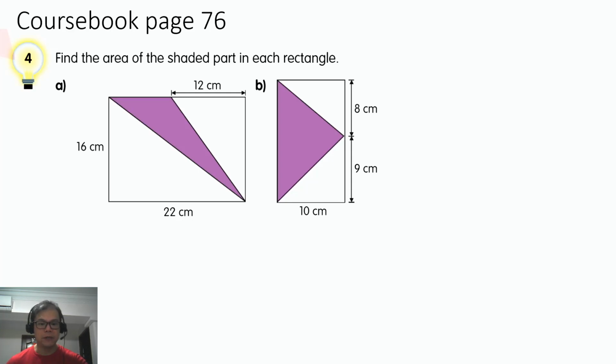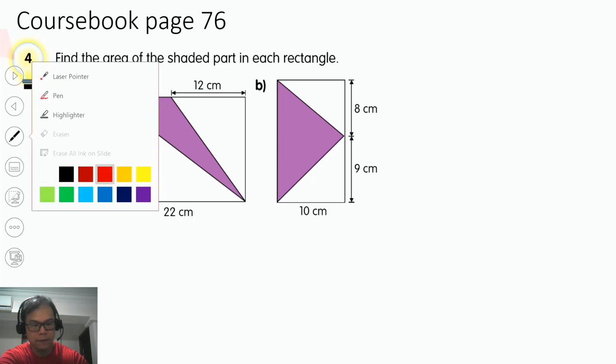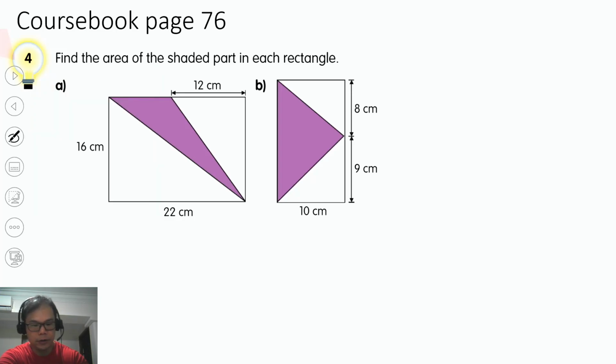So on page 76 of your Coursebook, question 4, we are to find the area of the shaded part in each rectangle. So in this case, we have a triangle, right? Sorry, I don't want a pen, I want a laser pointer. Okay, you have a triangle, 1, 2, 3.